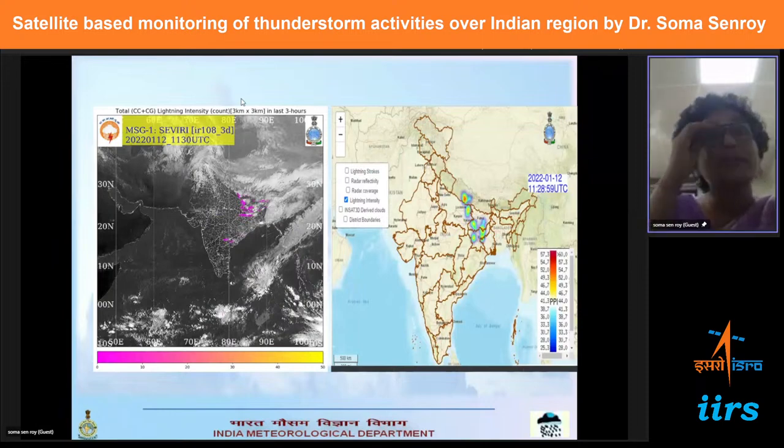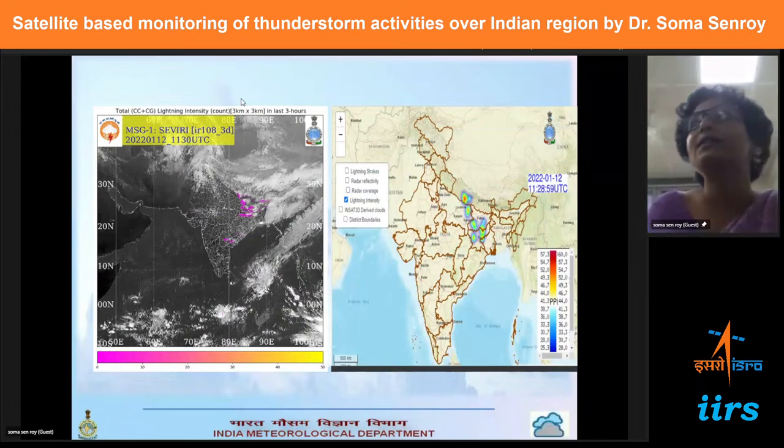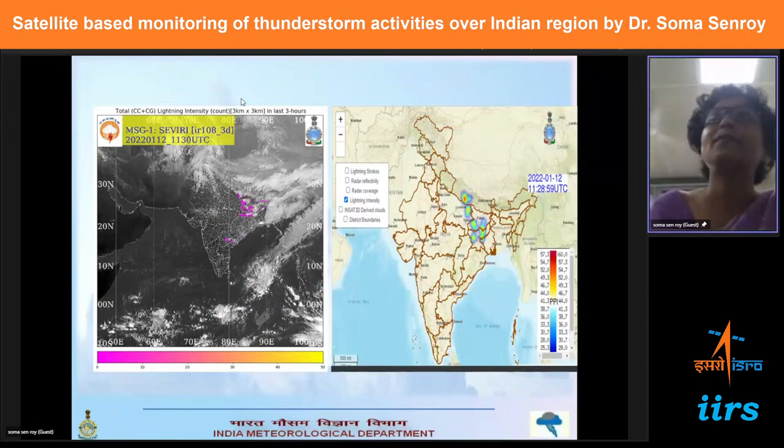Again, I'm saying these pictures are not to be seen in isolation, but as a part of the evolution of these parameters, how they're changing. We do not have any other source of data than satellites which can give you sub-hourly scale evolution of weather systems uniformly, homogeneously throughout the country.